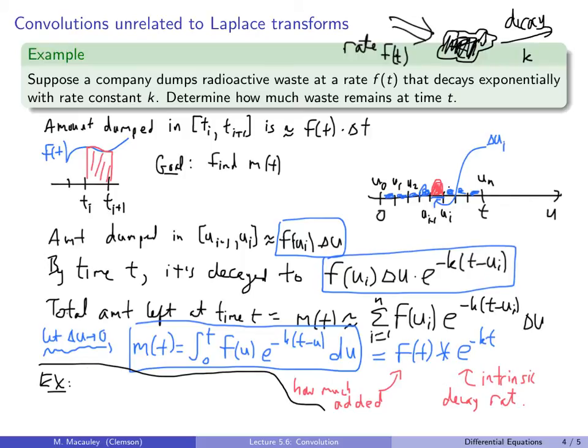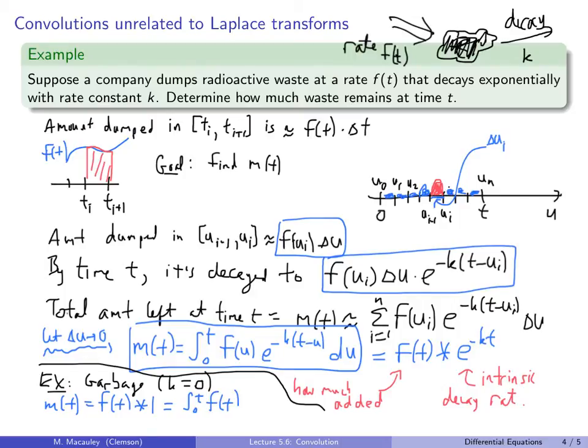Then m of t is just f of t convolved with 1, which, recall, is just the integral from 0 to t of f. And that's what we expect. We're dumping garbage at this rate from 0 to t, and the amount of garbage at time t is just the integral of that.